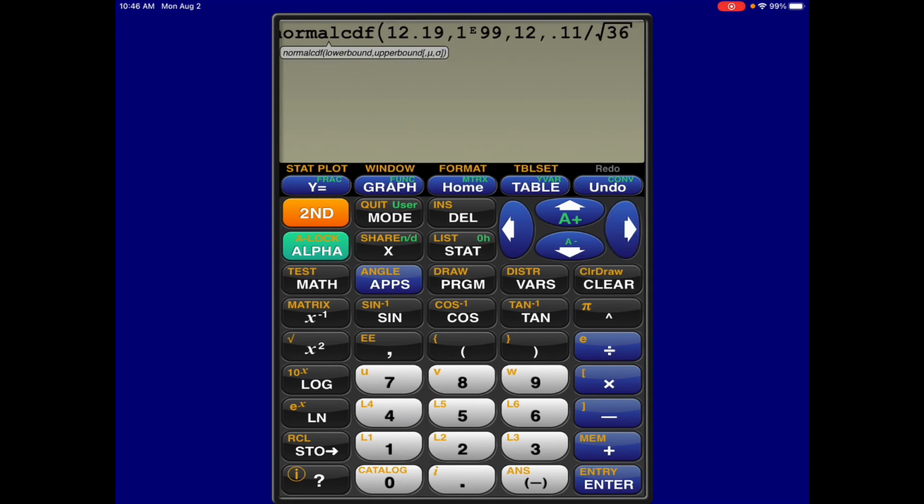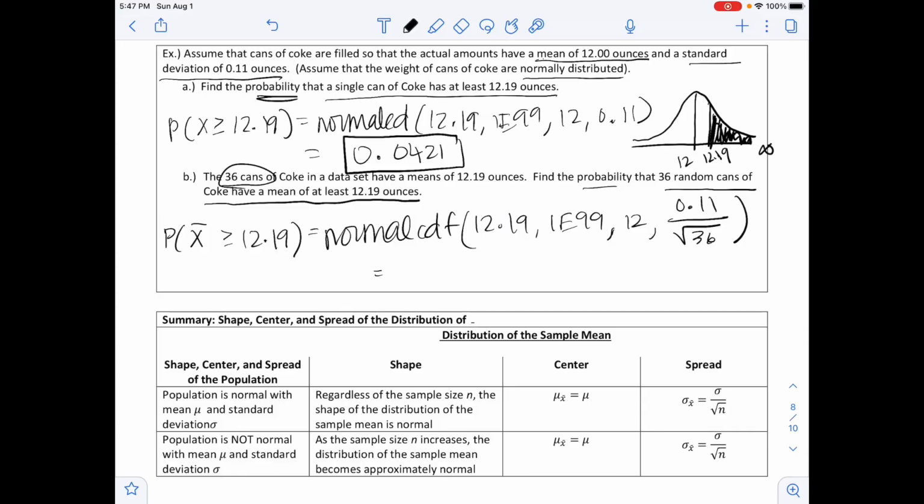You can also type this in as just 6. Close your parentheses, select enter. From here, we get 1.8539 times 10 to the negative 25th. Most of the time it's going to ask you to round to 4 decimal places. If you move your decimal point 25 places to the left and round to 4 decimal places, you would get 0.0000.